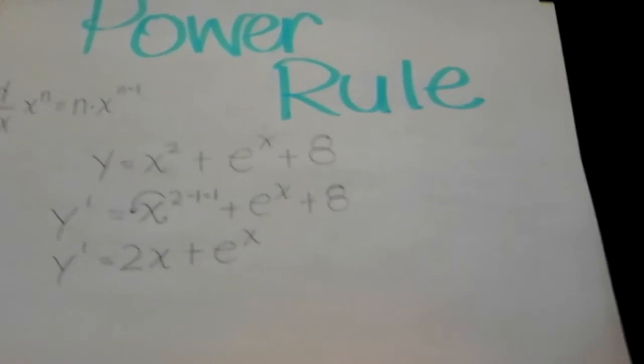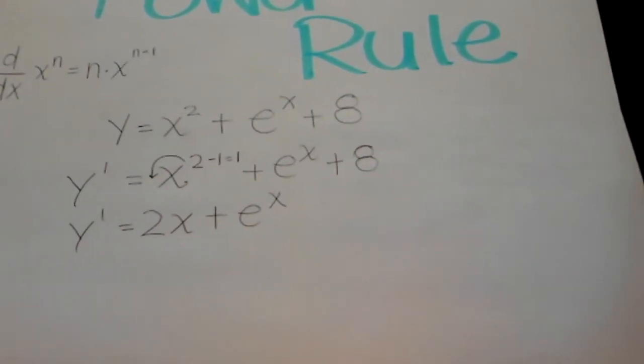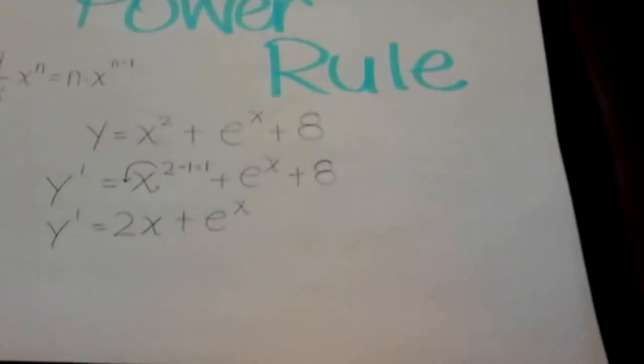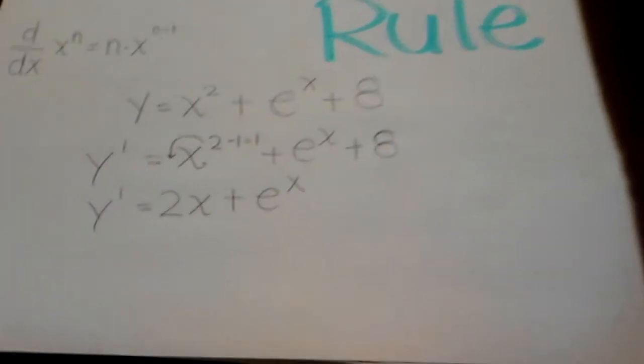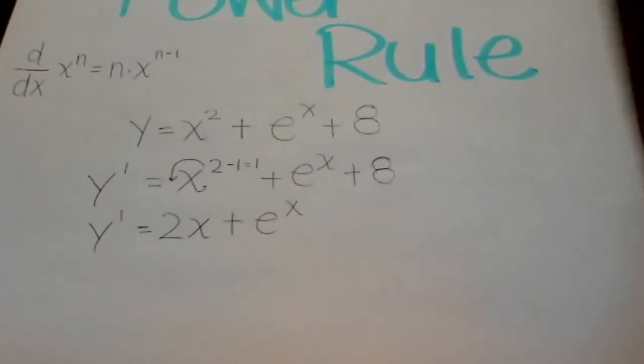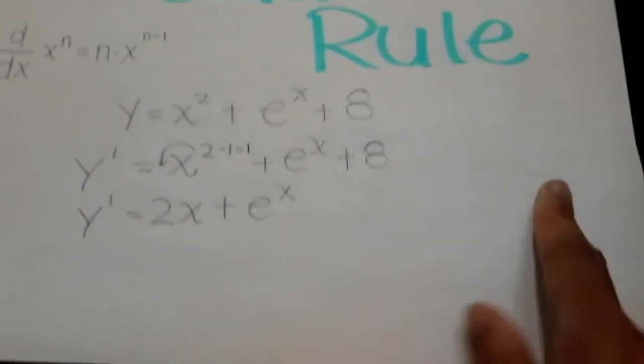Okay, the first problem is y equals x squared plus e to the x plus 8. You would first prime the function, so it will be y prime equals the derivative of x squared plus e to the x plus 8.